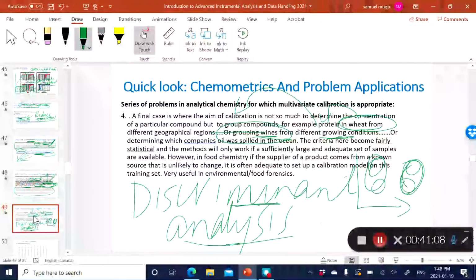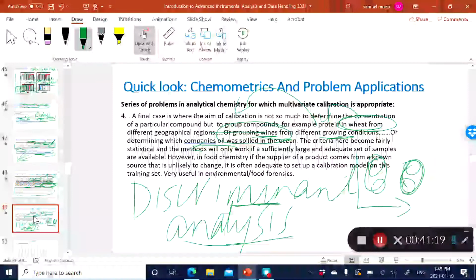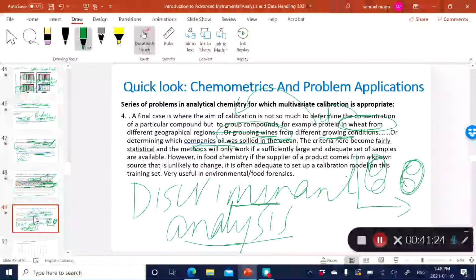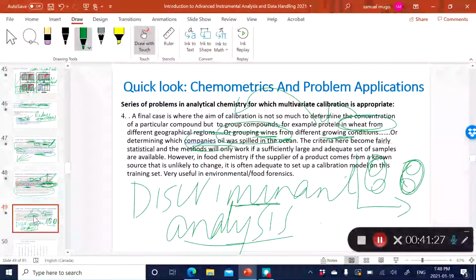You go to the ocean and you find there has been an oil spill, and you, the analytical chemist, have been asked to determine which company's vessel or ship actually spilled the oil. And so again, you're not really doing quantitative analysis. All you're trying to determine is whether the oil that you find in the ocean, in an oil spill, very closely matches, say, the oil from Syncrude or the oil from Mobil, or the oil from other companies as well, like Shell and so forth.